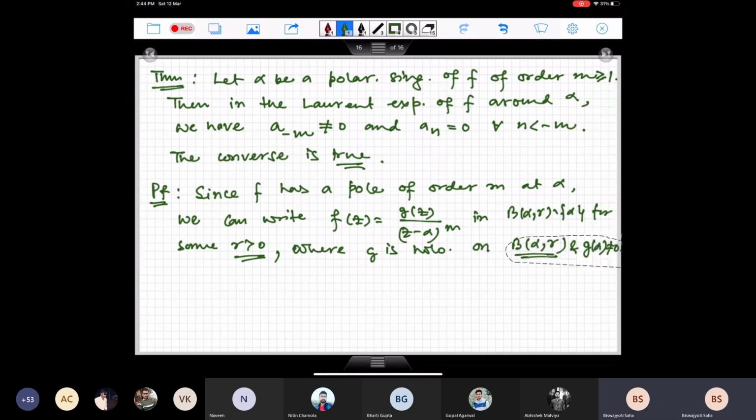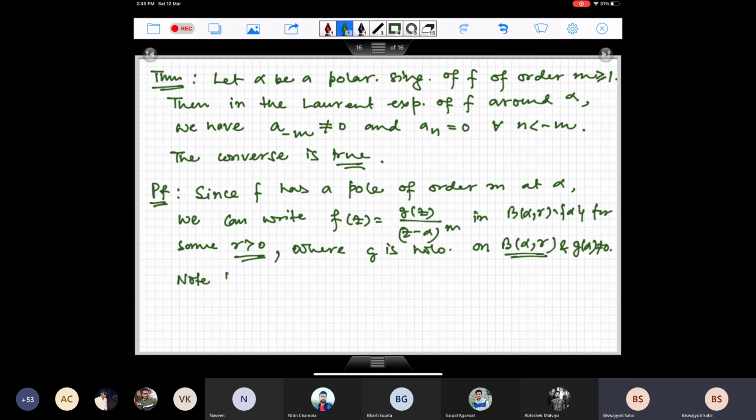Okay, so this is how it looks. This is coming from the definition of pole, and of course the analysis that we have done before about polar singularities. Fine, so once I have this here, from here what can I notice?